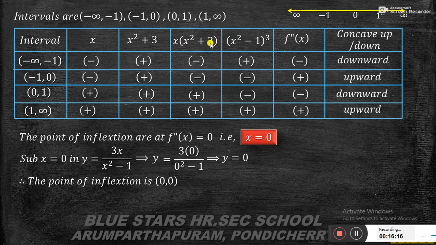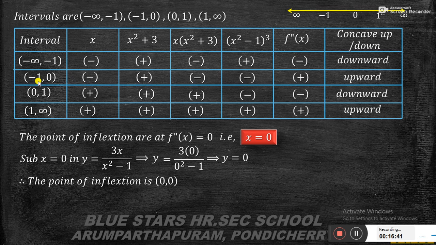We don't multiply all the numbers, because we just substitute to find the sign. The numerator term sign is minus, the denominator term sign is plus, so minus by plus is minus.